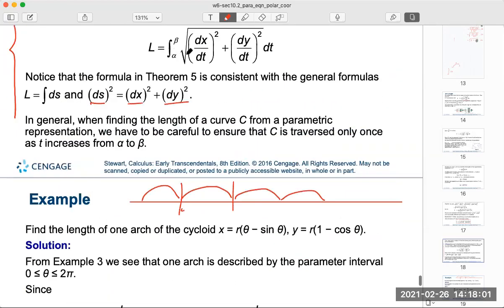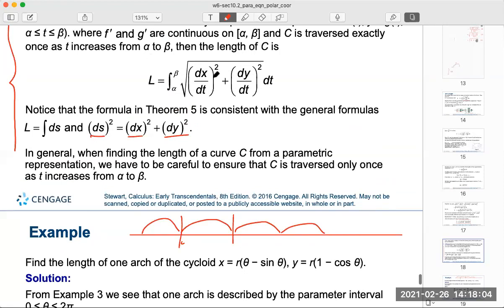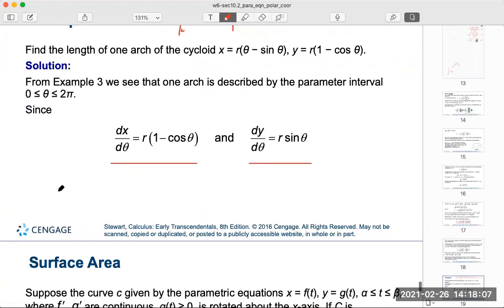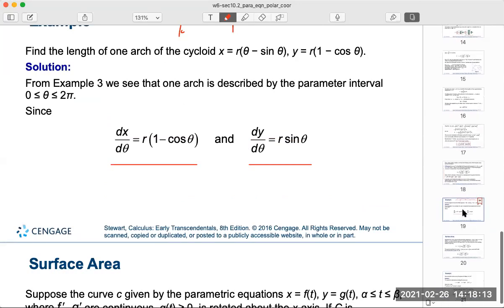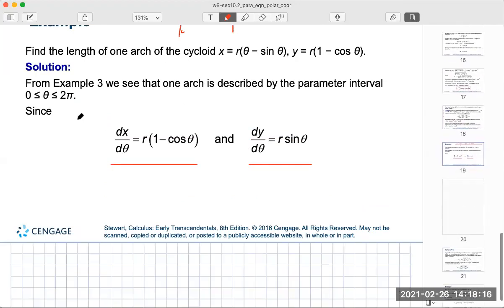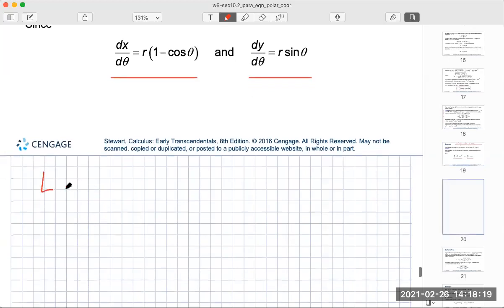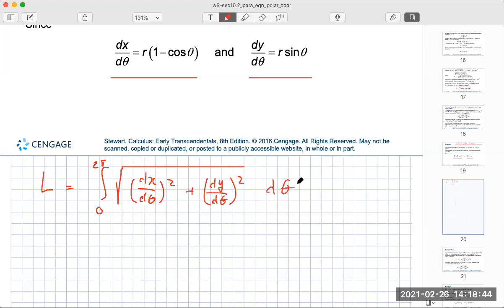From this formula, it will be the integral from alpha to beta of the square root of this square plus this square, or the integral from 0 to 2 pi of the square root of dx over d theta squared plus dy over d theta squared, d theta, right?